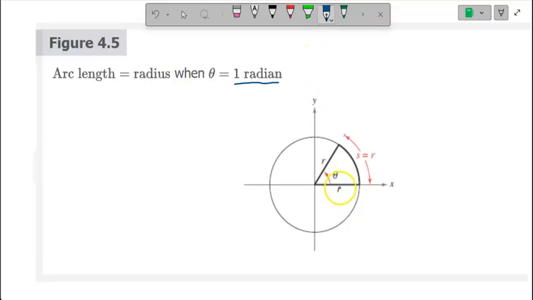Basically, if the radius r, the radius is the same as the length of the arc, the arc starting from here to here, that should also be r. If these conditions are satisfied, then the measurement of theta is going to be 1 radian, 1 rad. All right, so this is the definition of a radian.